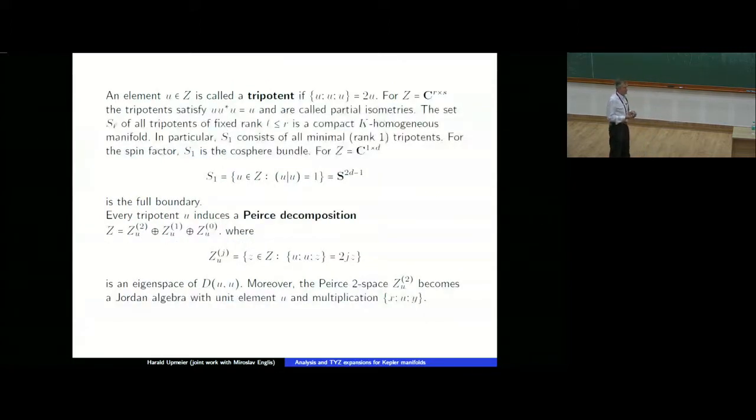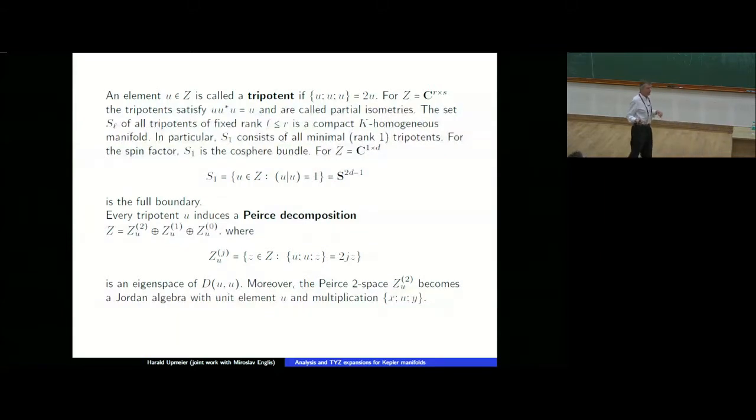Namely, remember I wrote the Kepler variety with a polar decomposition. We wrote it as a base S1, and then we had the half line. So we have to generalize this polar decomposition, that's the crucial thing, to the higher rank case. So from now on, of course, Z will be this Hermitian Jordan triple with a triple product.